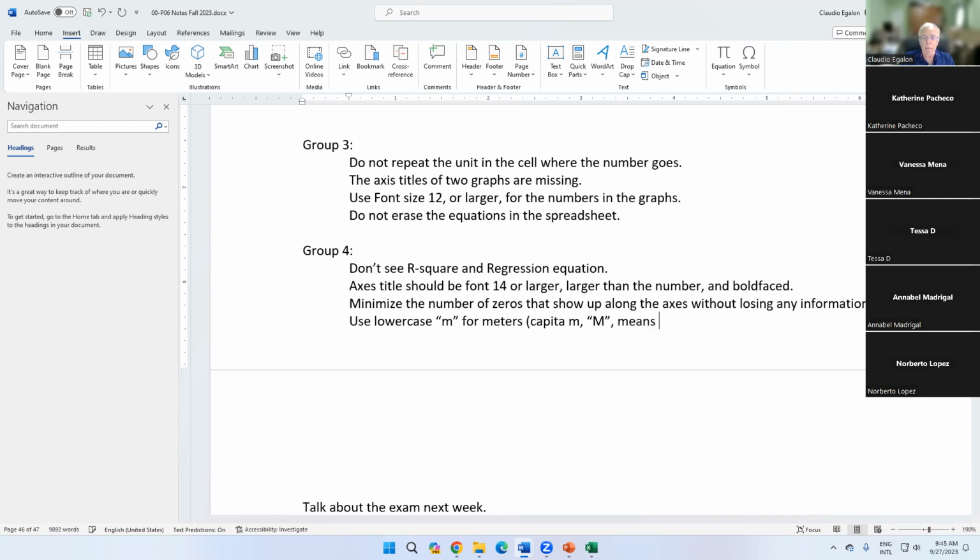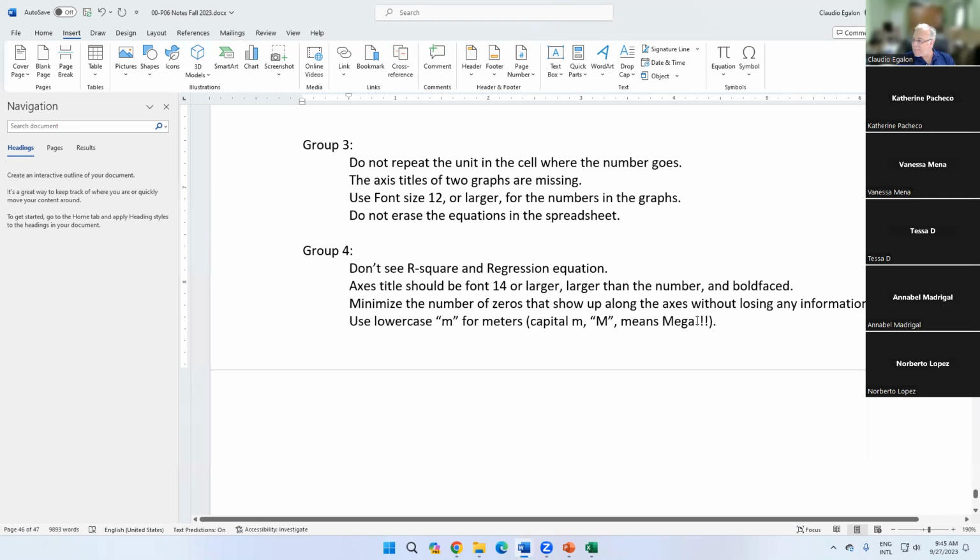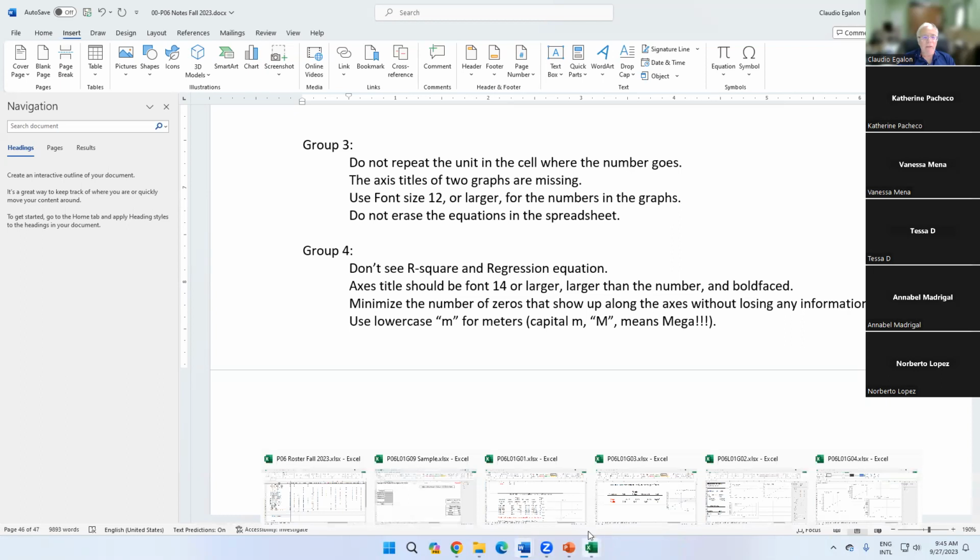Capital M means mega, not meters. 10 to the 6. Okay, so that's what I see for group number 4.